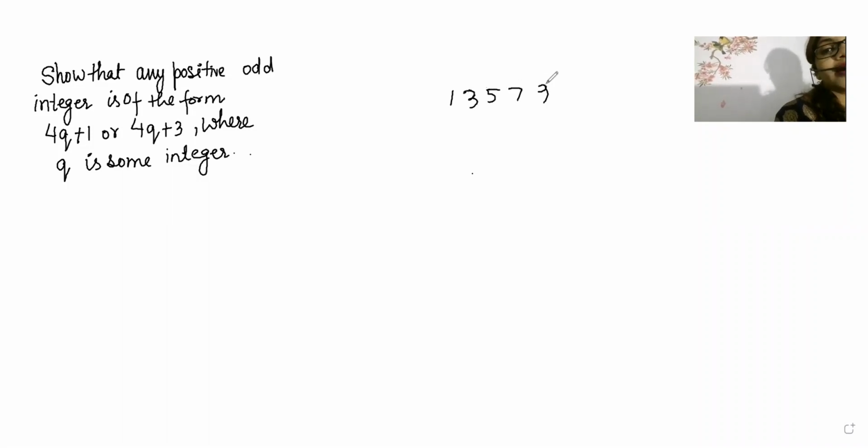Out of this, I can take any one number. Since he has given me more numbers, I'm going to check his. The question says, show that any positive odd integer is of the form 4q plus 1 or 4q plus 3. These odd integers will always be represented in the form of 4q plus 1 or 4q plus 3.